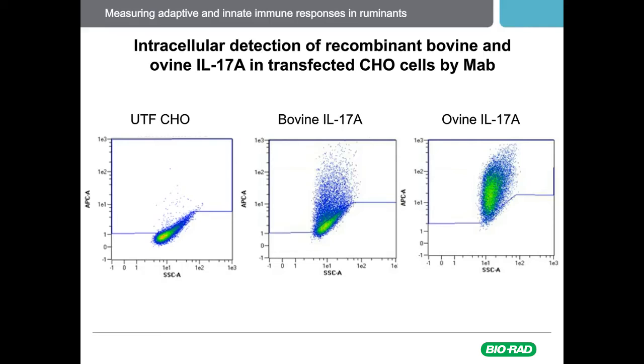In this case, we're looking at a monoclonal antibody against human interleukin-17A, and what you can see is that that is detecting both our cattle and sheep product in transfected Chinese hamster ovary cells by intracellular staining. So again, this is a method of identifying interleukin-17A producing cells at the single cell level.